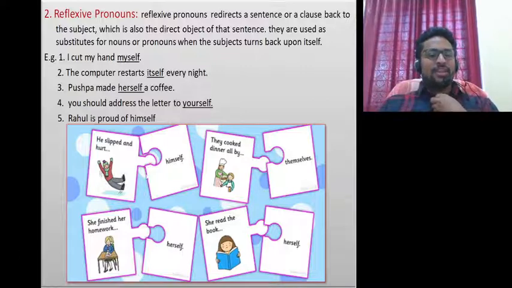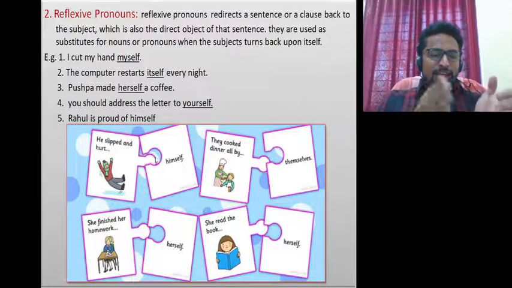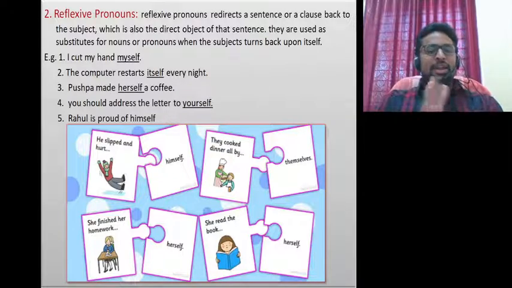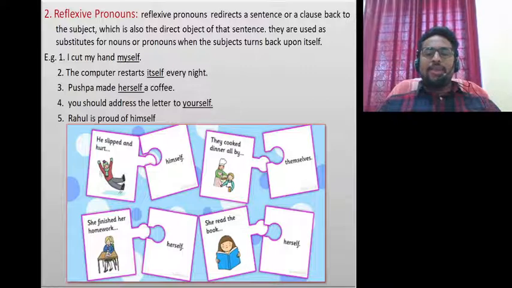For example, in the picture you are able to see he slipped and hurt himself. They cooked dinner all by themselves. They cooked their dinner themselves. Themselves is the plural.